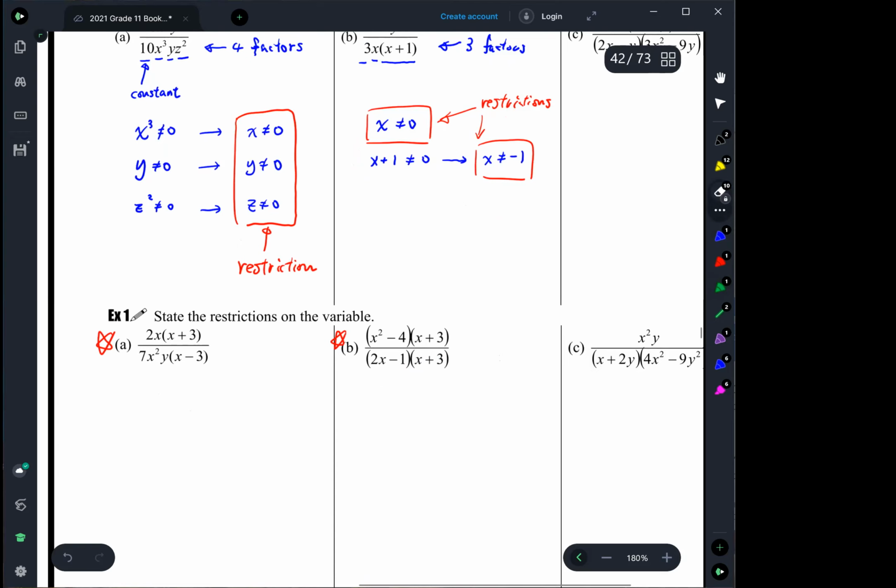Because if you cancel it out, you will lose the restrictions. So you want to find all the restrictions even before anything is crossed out, restrictions for the original question.